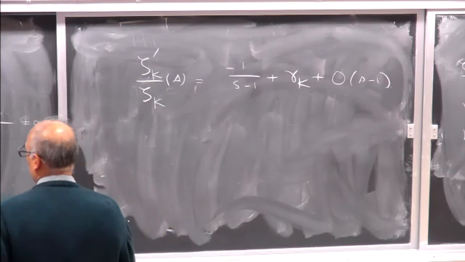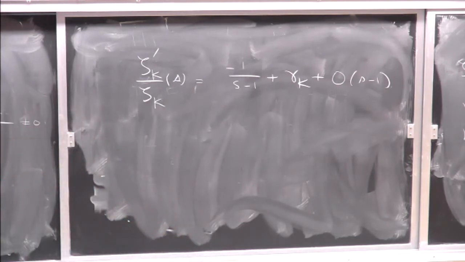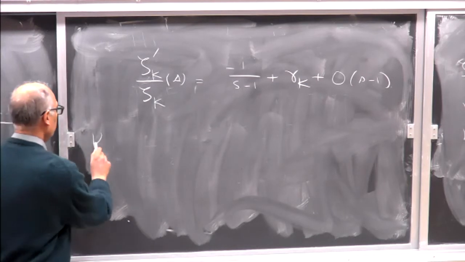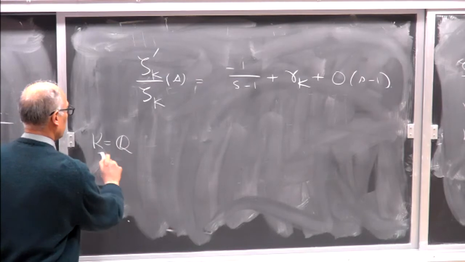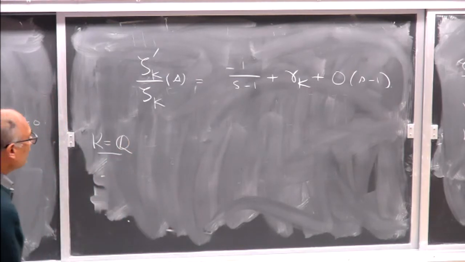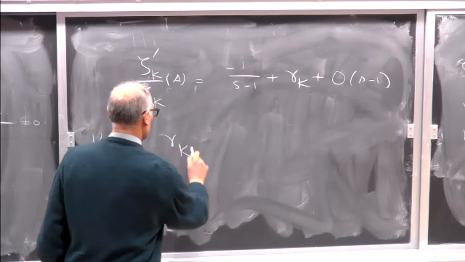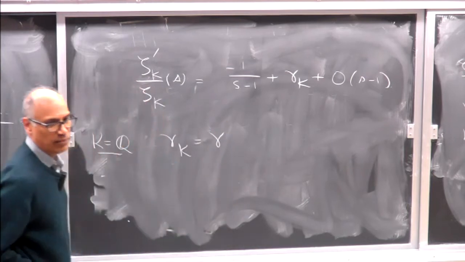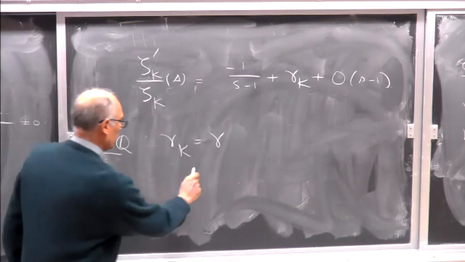First let me explain why it's called an Euler-Kronecker constant. If K is Q, the rational numbers, then this γ_K is actually what we call Euler's constant γ. So it is Euler's constant.